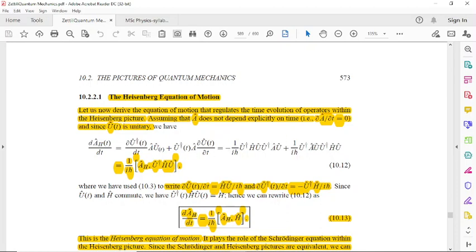We interchange this. We can write 1 by i h cross as U dagger H U, right?